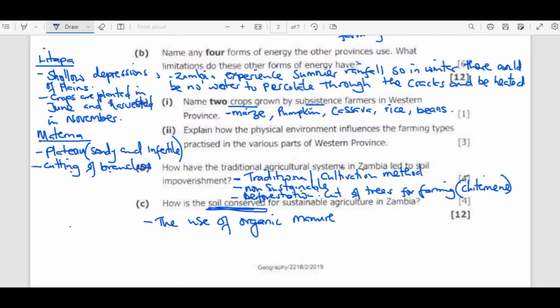The other one is crop rotation. Crop rotation also contributes, or it improves soil fertility.